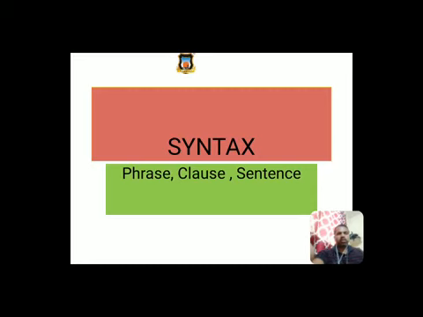So here the tall handsome boy is a noun phrase. Similarly an adjective phrase, if you say the blue bird, it refers to an adjective phrase. When I say slam the door, it is a verb phrase. So these you should know.